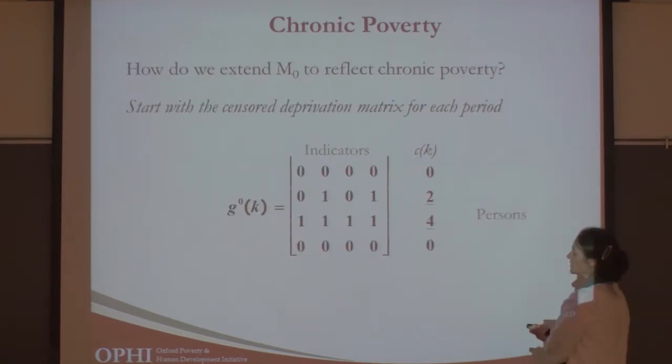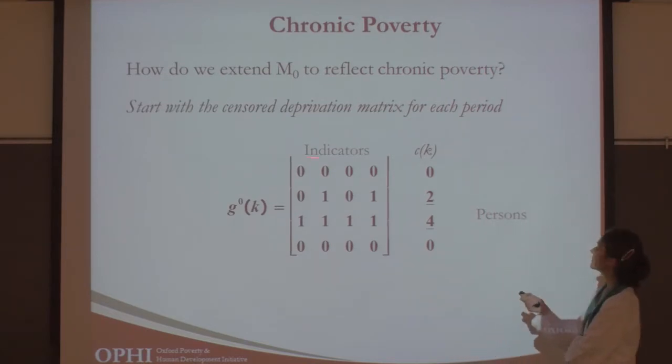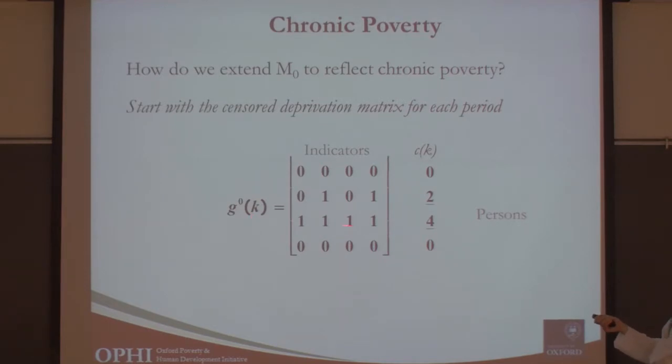So let's go through it. This is the matrix we began with early on, the G0K matrix, the 0-1 deprivation matrix, where 1 is a deprivation and 0 isn't. And this is the censored matrix by some k value, in this case k equals 2.